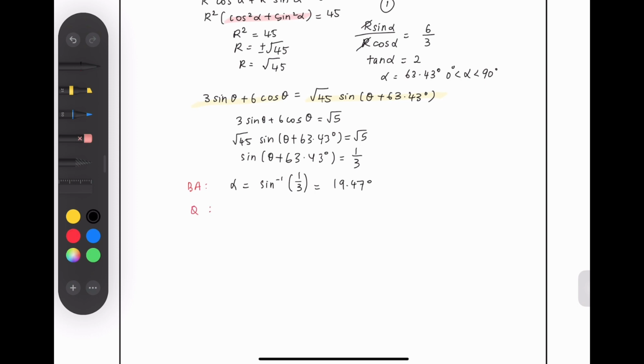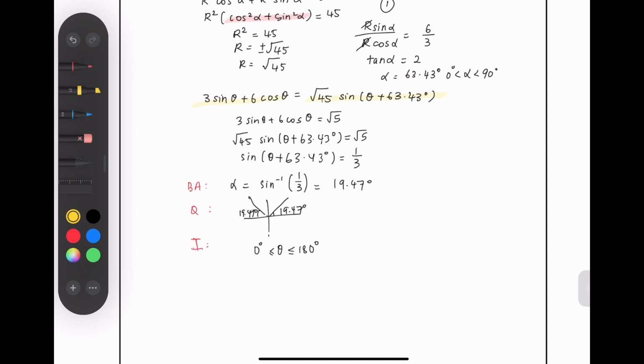Quadrant. So sine is positive for the first and second quadrant. So 19.47 over here, 19.47 over here. The interval. The question asks that theta is from 0 to 180.